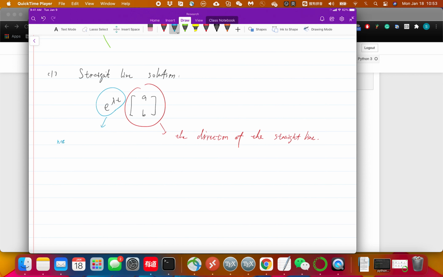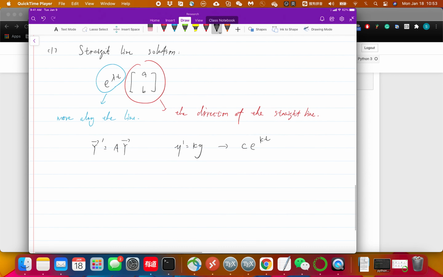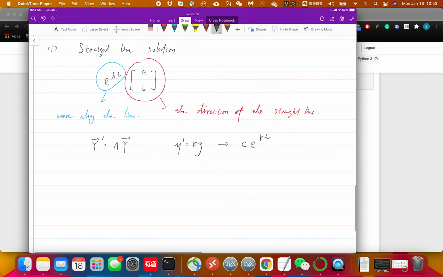Move along the line, which kind of makes sense also because you have y prime equals Ay. If you just think about it, this is 2 dimensional. But if you have 1 dimension, for example, y prime equals ky, of course you know the answer is going to be c e to the kt. Okay, so it's not surprising that in 2 dimensions, this can still be something of this format, at least for the example we saw.